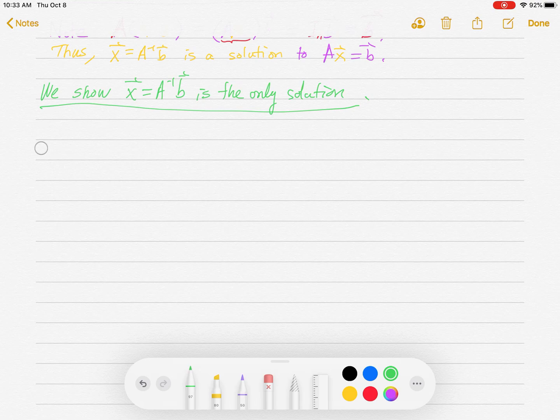We know there is a solution, A inverse B. We don't know how many solutions there are. We want to show that there's only one, but at this point, we haven't been able to show that. So let's pretend we have as many solutions as we want.